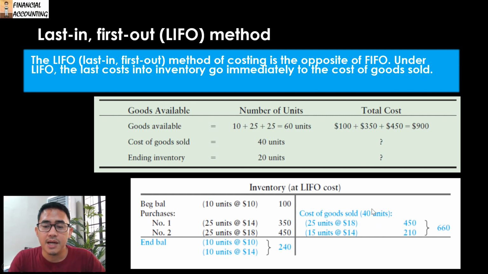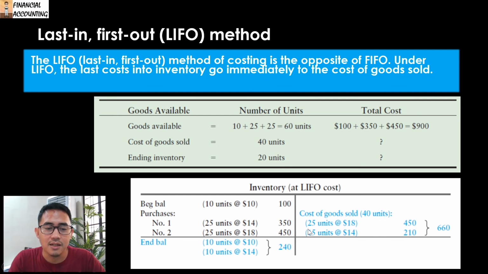So out of the 40 units, since we are using LIFO, the first unit to be sold is the latest item. In this case, purchase number 2 is the latest item. So we have 25 units at $18, that's 450. How much is the remaining?